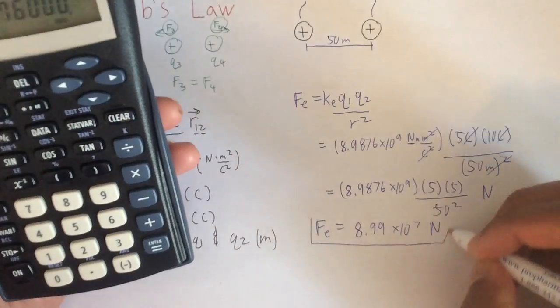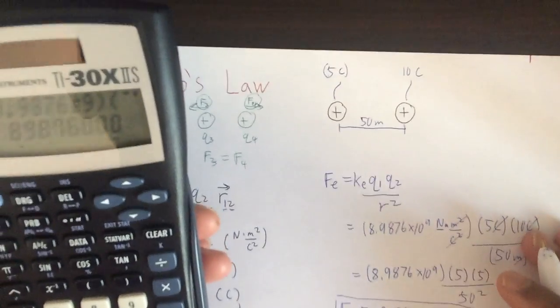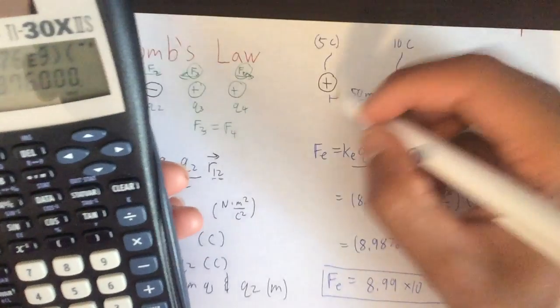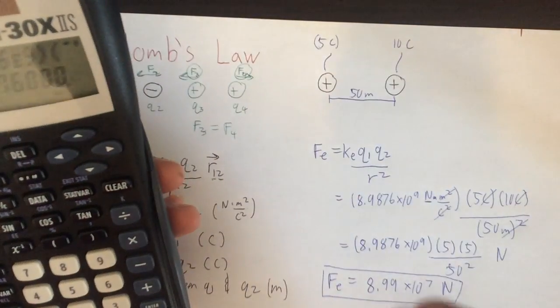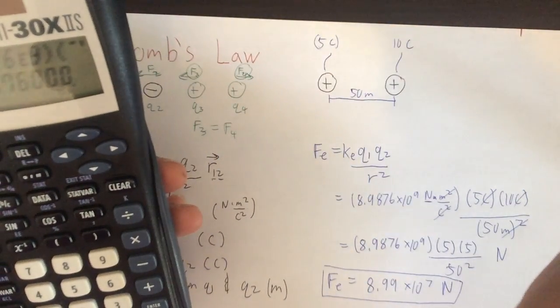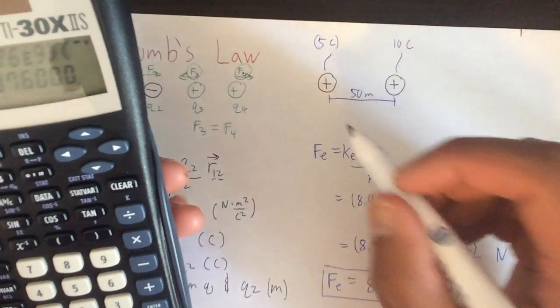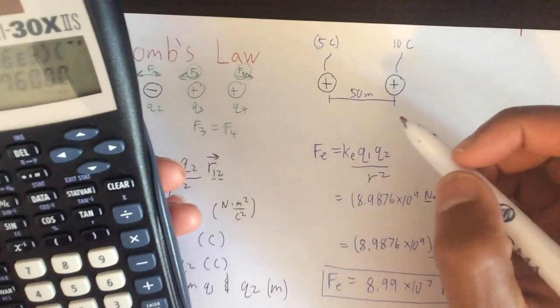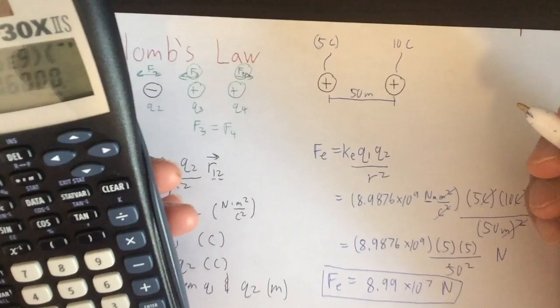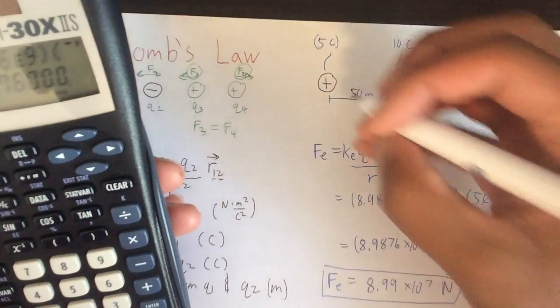So this right here is going to be the magnitude of the force that's felt by these two particles. Now we know that they're both positive, and from our previous video we know that that means they repulse each other.